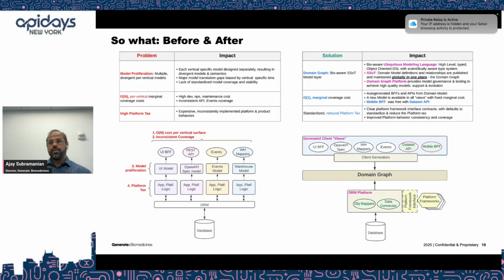We looked into the dataset API, and we were able to leverage the GraphQL layer inside to just infra clone and serve the mobile backend for front end. So in effect, we got the mobile backend for front end for free or nearly free.